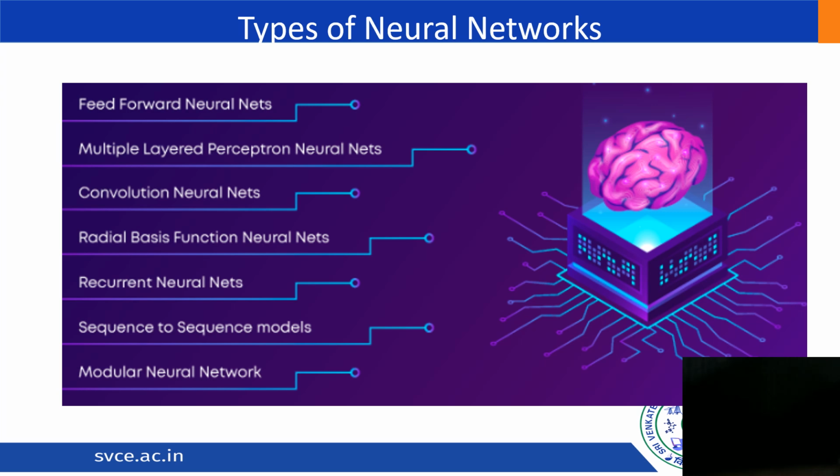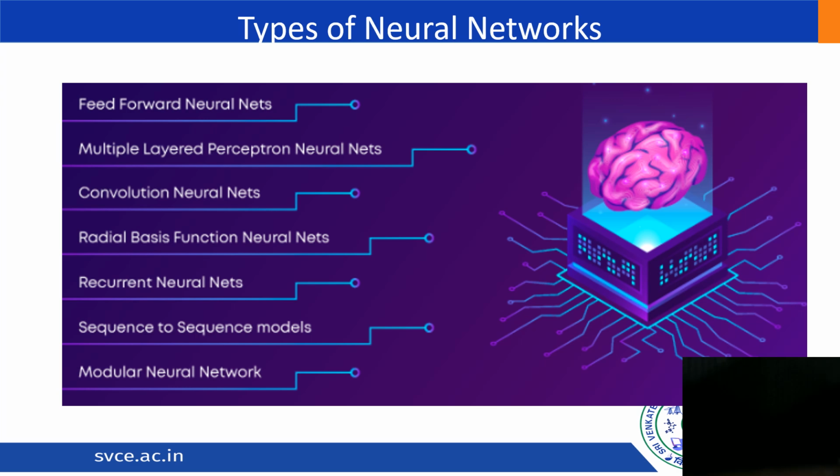So next we will see the different types of neural networks. The image lists the various types of neural networks. The first one is the feed-forward neural network. This is the simplest type of neural network. Data flows in only one direction from input to output.